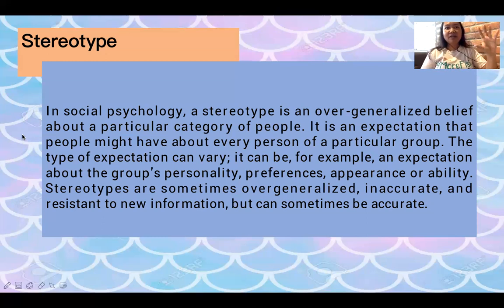So there are reasons that are based on a given set of rules, but there are also reasons that are based on personal expectations. That's why we say that although it's overgeneralized, we cannot rely on stereotype because it could be inaccurate, it could be not open to new information, but we also do not dismiss it instantly because it can also be accurate.